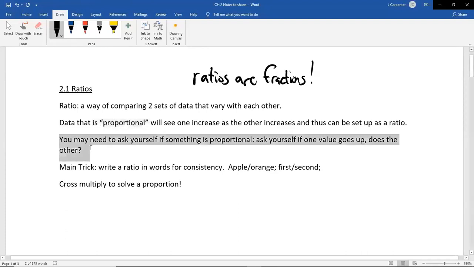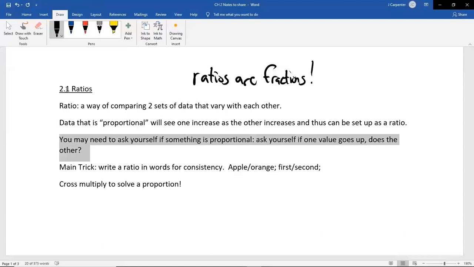So in the real world, you may need to ask yourself if something is proportional. So you ask yourself, if one value goes up, does the other have to go up? And again, there would be a specific numerical relationship between those, which we're going to get into. But that's what you would ask if you think that two things are proportional.